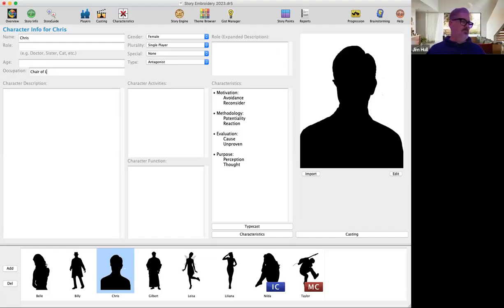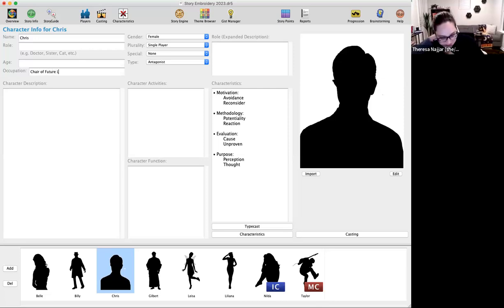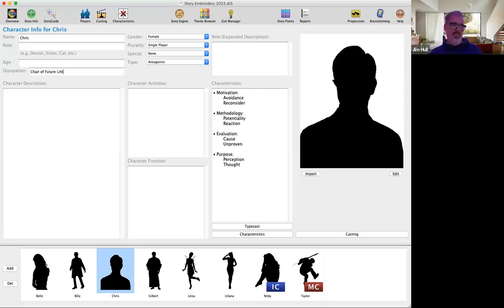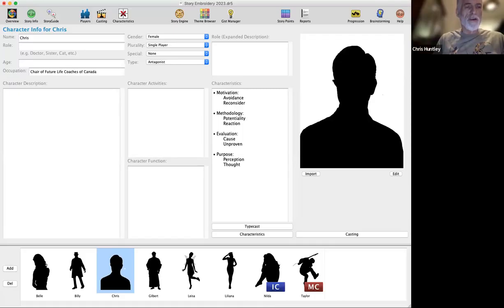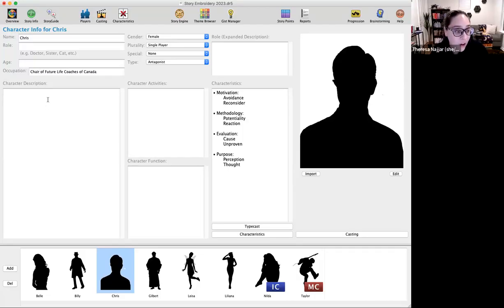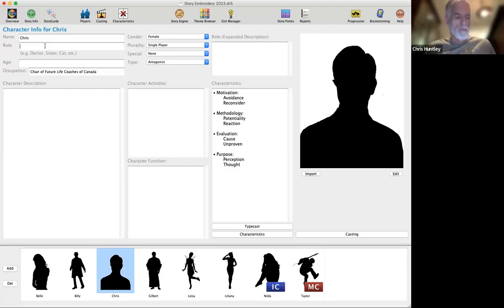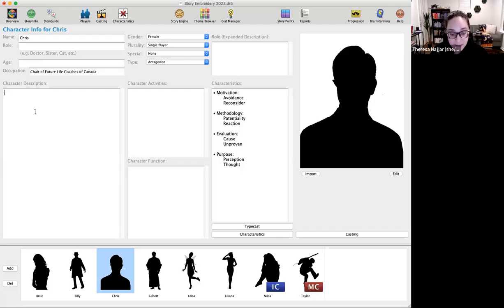The chair of the one is planning death and the other's planning success. Okay, great. And Chris is also the granddaughter of Liliana. Oh, okay. Granddaughter of Liliana, yeah.